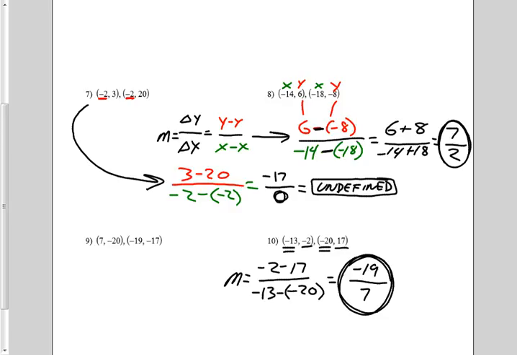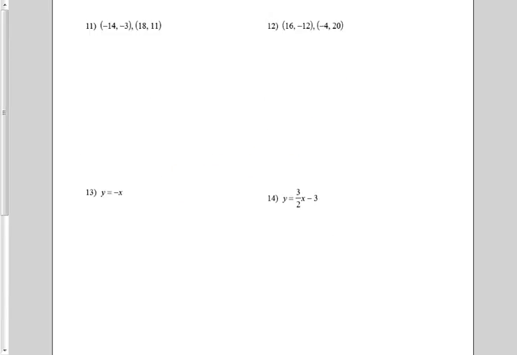All right, let's take a look at the next page here. As you can see, the last two are also just find the slope of these points. I'm going to do one more for you, that way we can go through it just one more time. But in this type, I'm going to do it a little differently. I'm going to use the slope formula, remembering that I'm going to subtract two values.